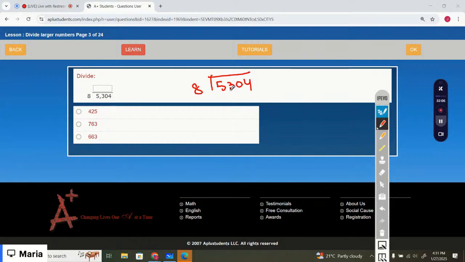You need to count the table of 8 until 53, or the number that is less than 53. 8 times 6 makes 48. So 53 minus 48 is 5. Bring the next 0 down.